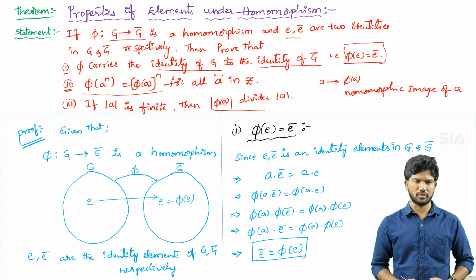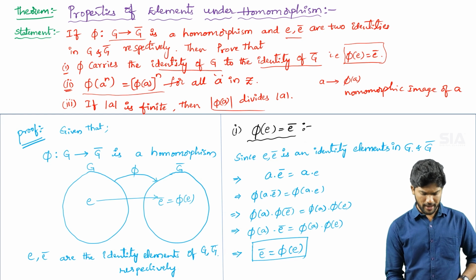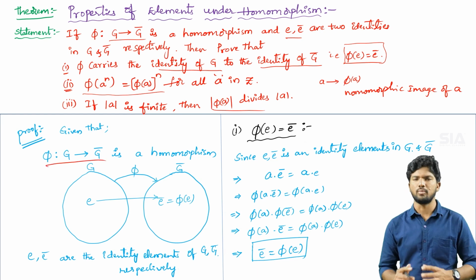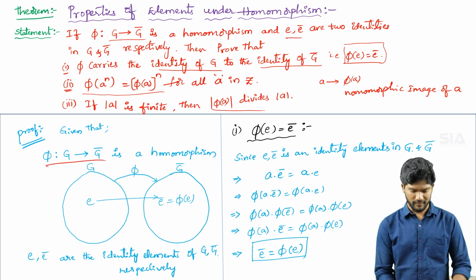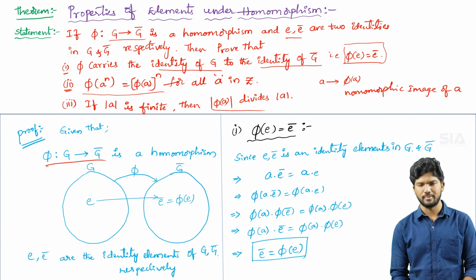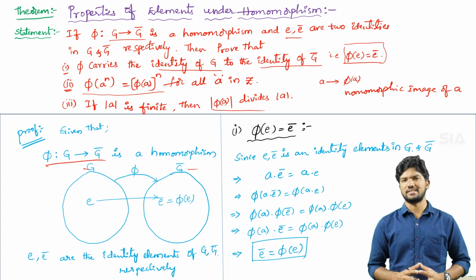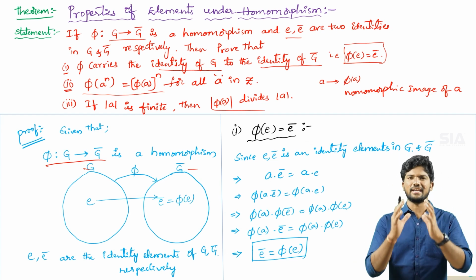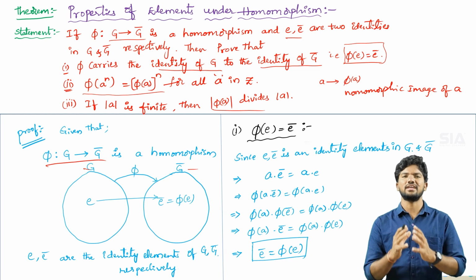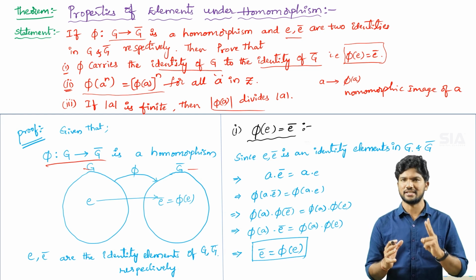Now see the proof. Given phi mapping capital G to G bar is a homomorphism. In diagrammatic format you can write capital G and G bar, and the mapping is phi. Take one identity element in capital G. Why? Because in the statement they clearly mention that small e and e bar are the two identity elements respectively.